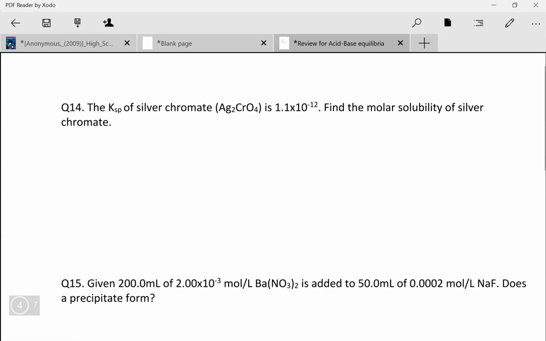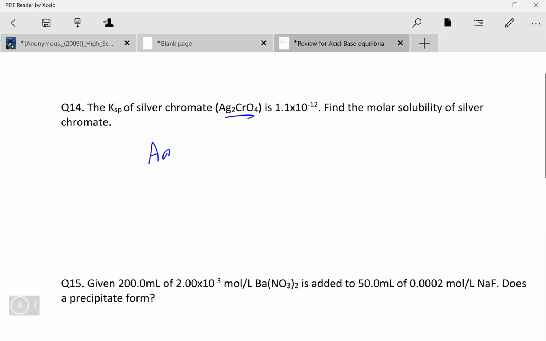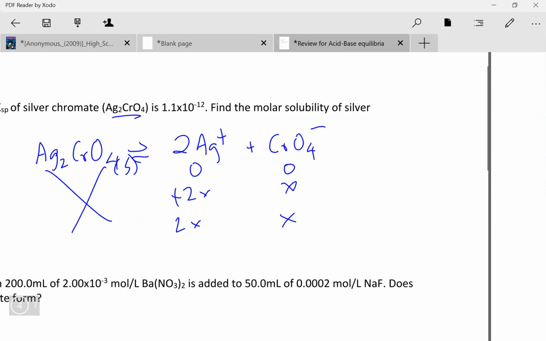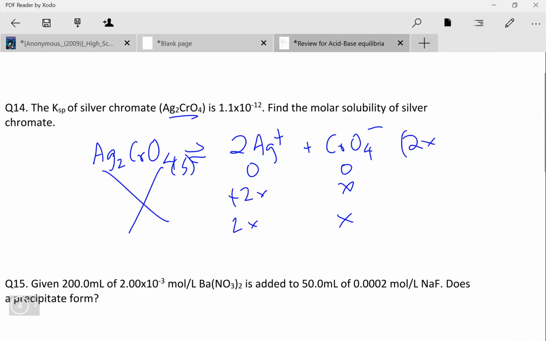Okay, so this is just a molar solubility question. Silver chromate, you're going to do the dissociation of that: 2Ag+ plus CrO4 2-. KSP is given, so this is a solid, so you basically don't need this. 0, 0, plus 2x, x, 2x, x. So 2x the whole squared times x equals KSP.